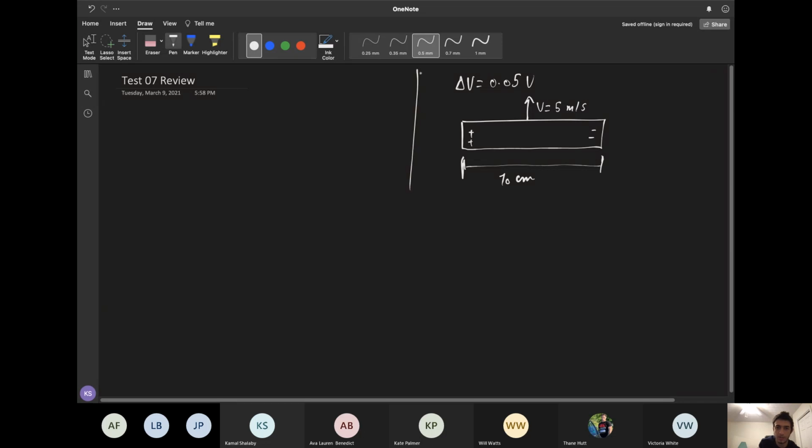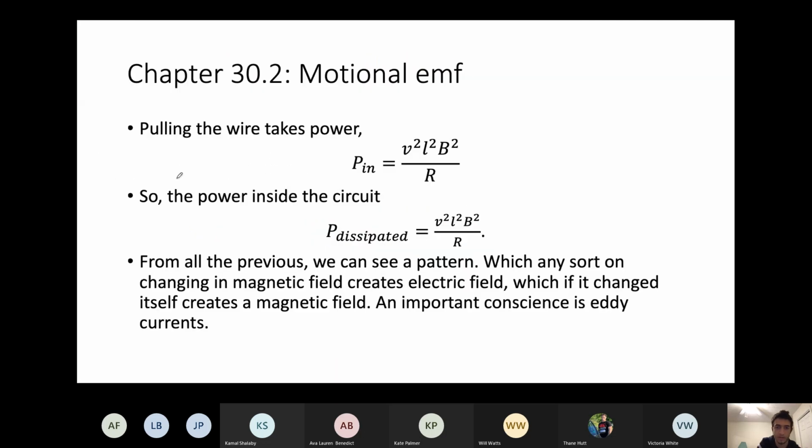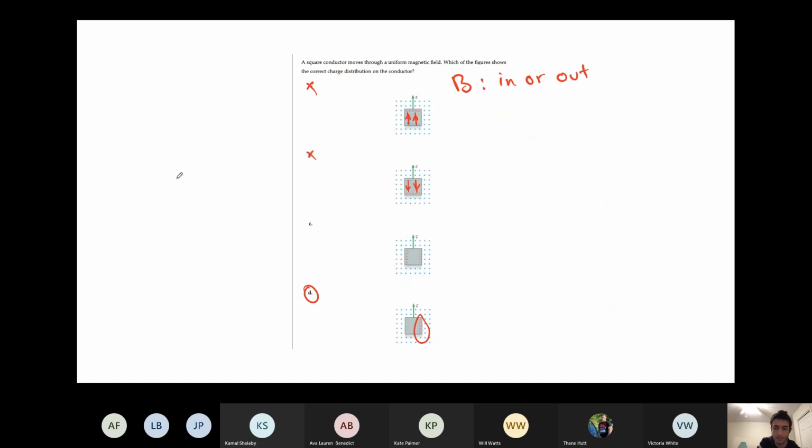and the question is, what is B equal to? So we're simply going to use the equation for potential difference.